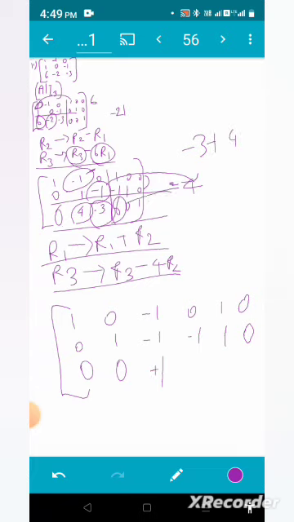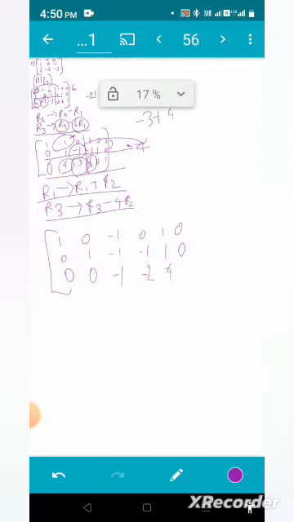Similarly, minus 6 minus of minus 4 is minus 2 here. 0 minus 4, that is minus 4 here. Then 1 minus 0, that is 1. So we get 1 0 0, 0 1 0.